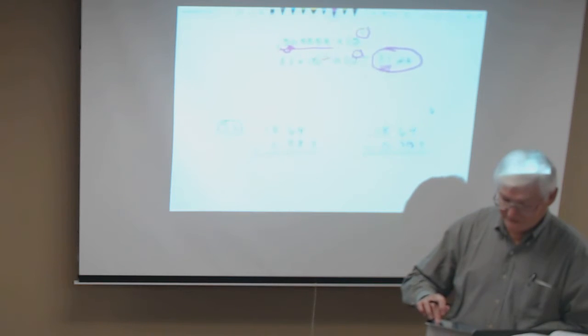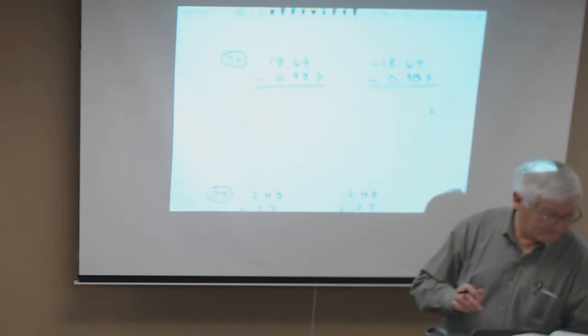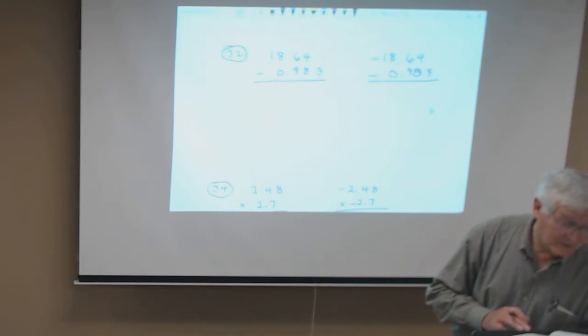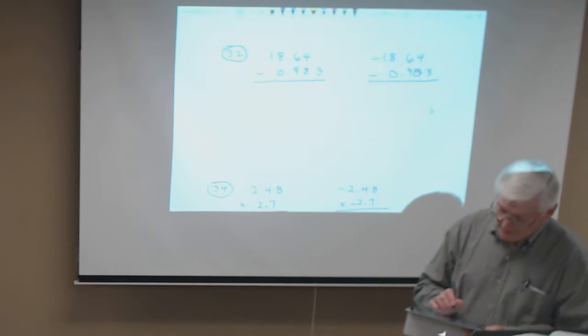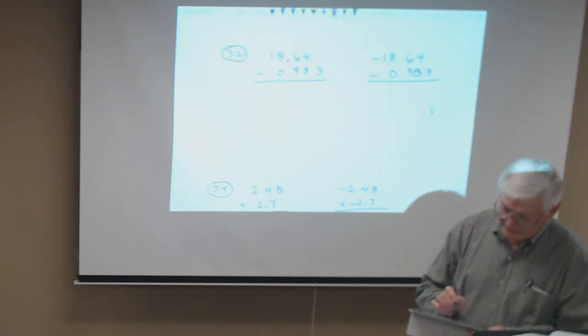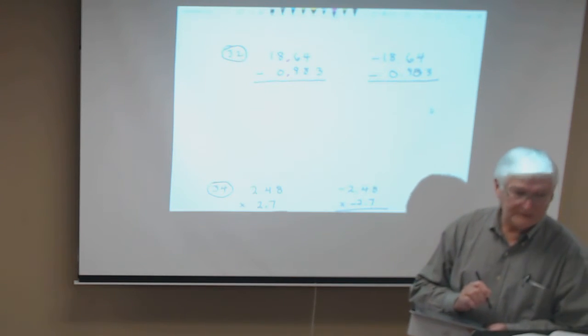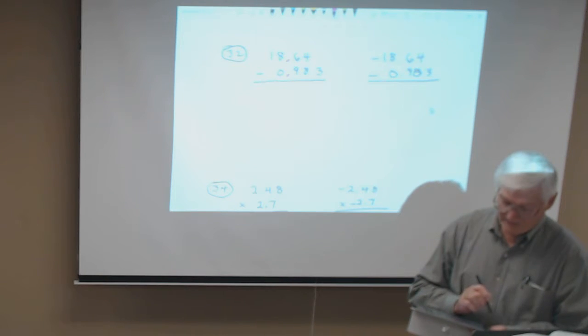That's just wrong. Problem 32. What are we doing on 32? Perform the indicated operation. So we have 18.64. Do you know to always line up the decimal points when you're adding numbers? And then you say, there's nothing above the 3. Well, then put a 0 there.